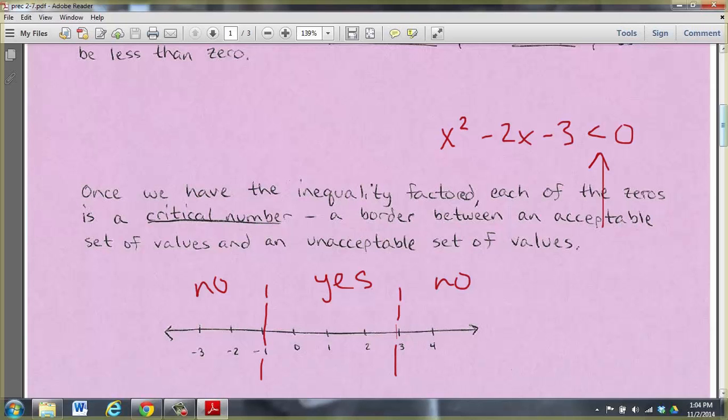It is not less than or equal to 0, which means it does not include those border values. So I would use in my notation on a number line a curved bracket here and a curved bracket here, and then I would make a line in between those. That's on a number line. If I was to write the answer numerically, it would be the interval from -1 to +3.